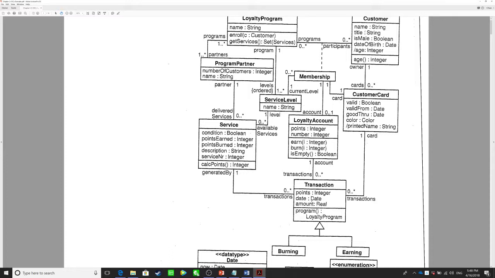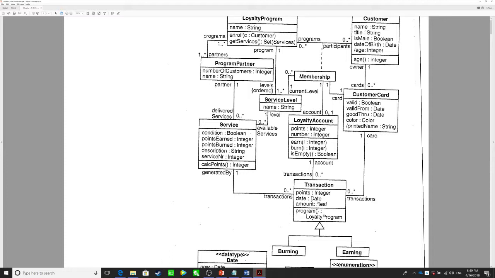So when you are updating the loyalty account, generating those transactions, the level is taken into consideration. So that's what the service level does. Okay. It is introduced to this model. All right. So basically, that's what I want to mention about this system.